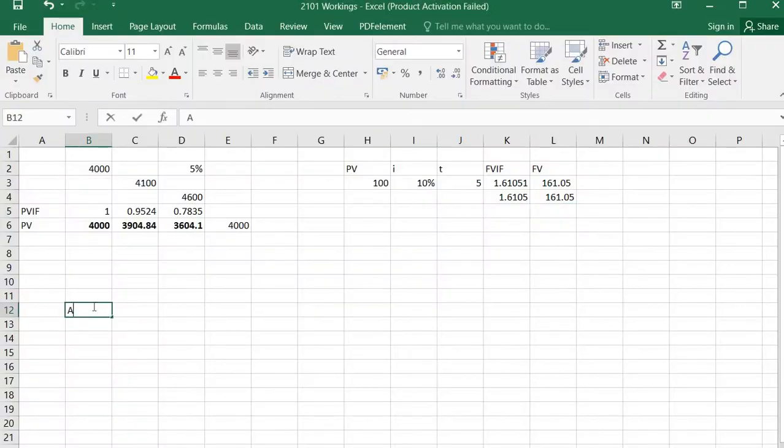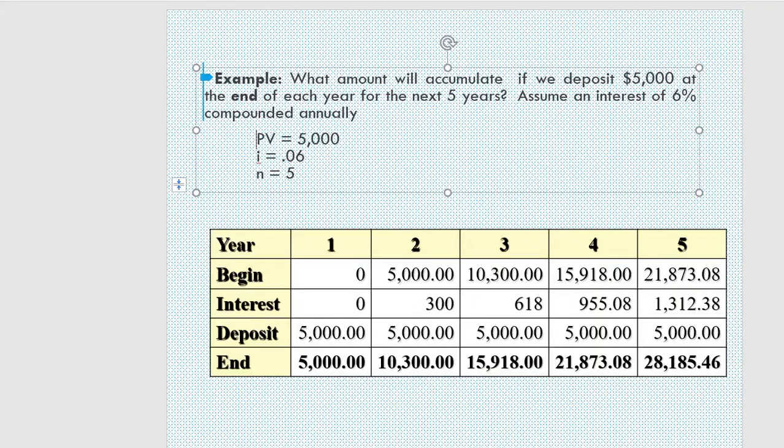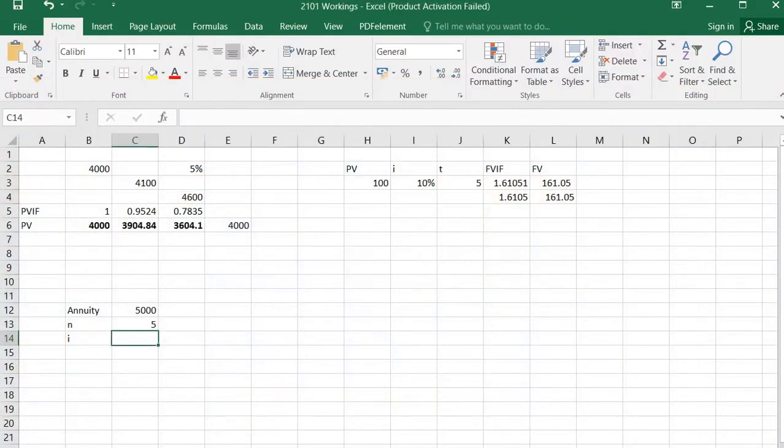We have our annuity. Annuity, we are depositing 5,000. And what is our N? Our N is equal to 5. What is our I? Is it 10%? Our I is 6%.